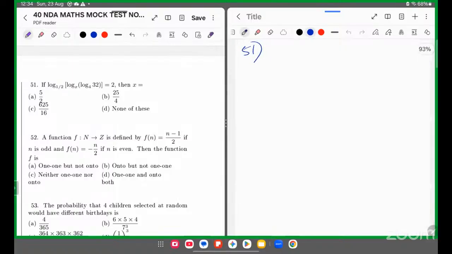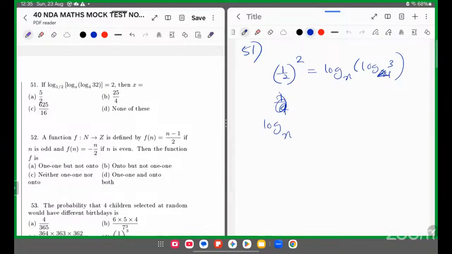Question number 51. Okay, here I can write 1 by 2. If you convert into exponential form, 1 by 2 raised to 2 equal to log x of log 32 to the base 4. This is 1 by 4. So I can write log x, this is 4 only, log of 32 to the base 4.